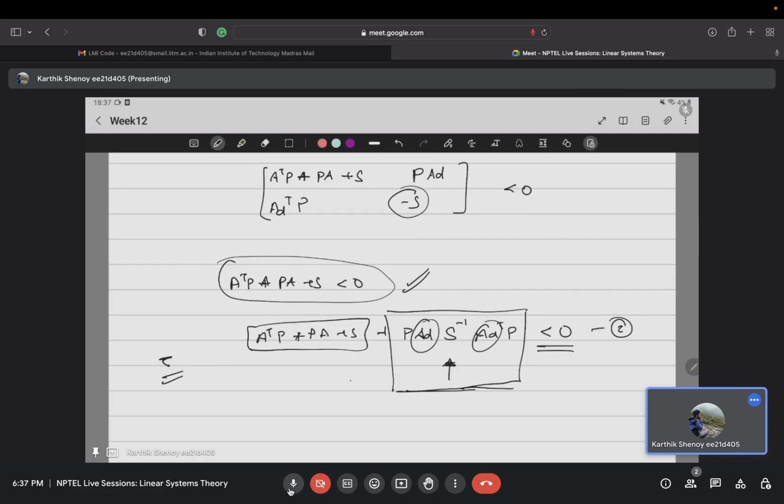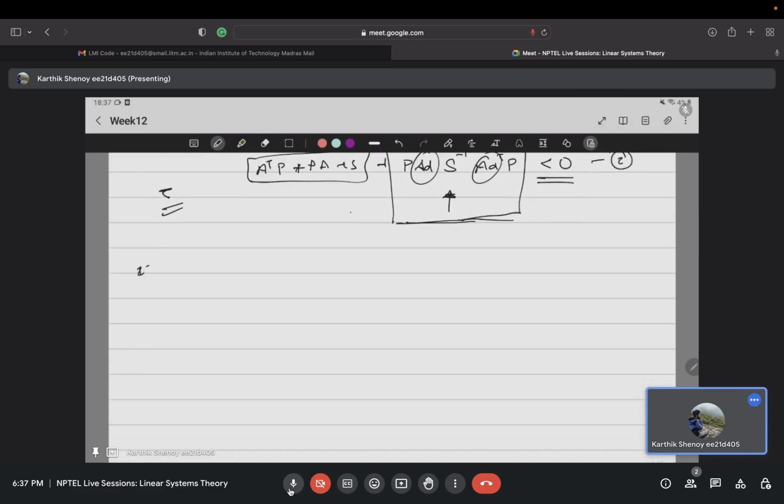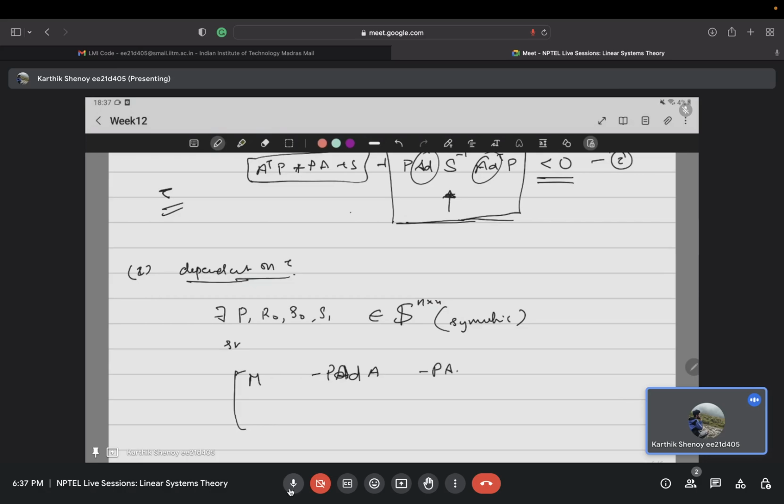In the second case, we'll see an example using MATLAB. In the second case, delay dependence, you can write: there exists a P, in the set of symmetric matrices Sn, n cross n, such that I have a block matrix M, minus PAD, A minus PAD squared, minus A transpose AD transpose, less than 0.